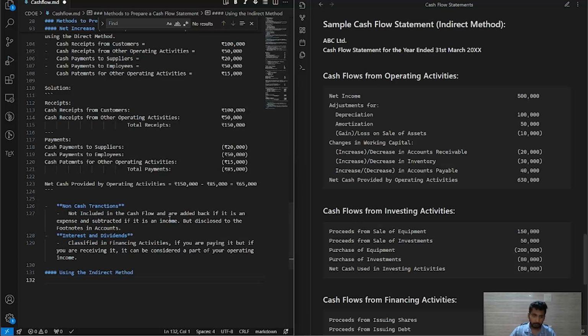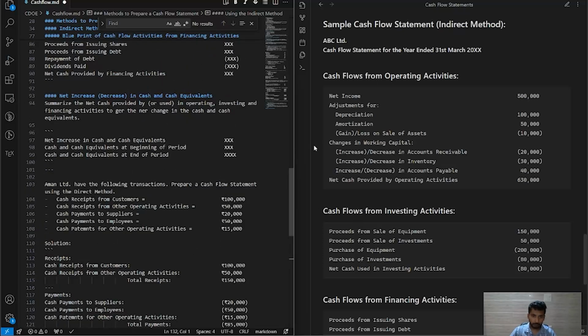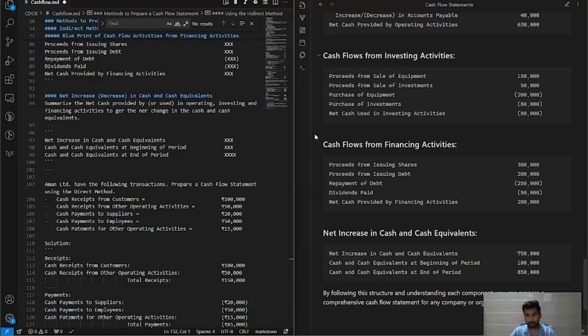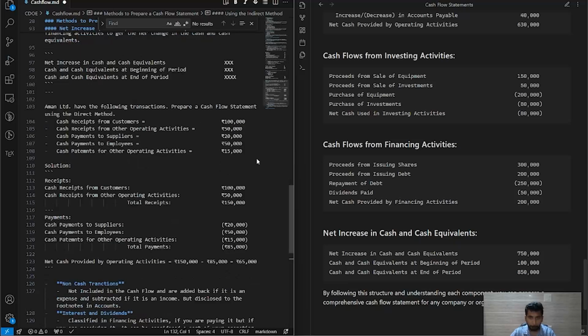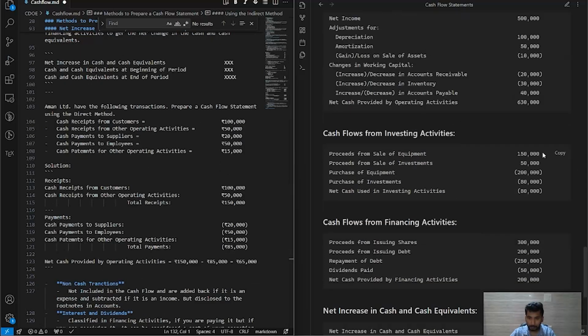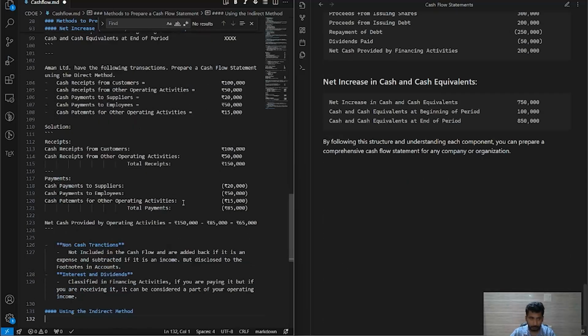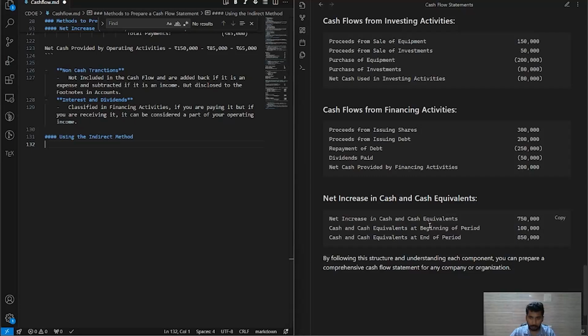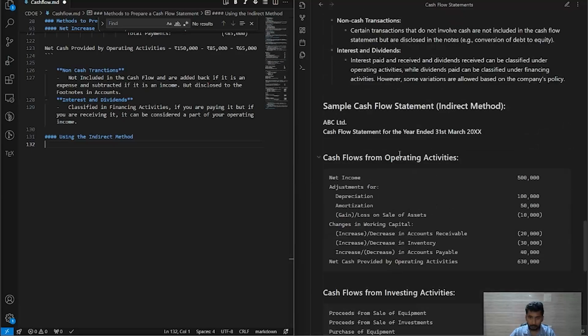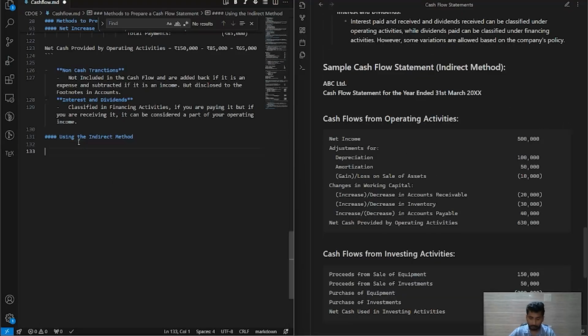Here, first of all, let us understand the cash flow from operating activities.